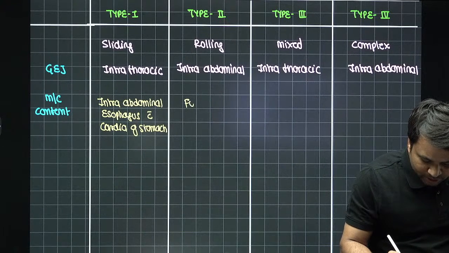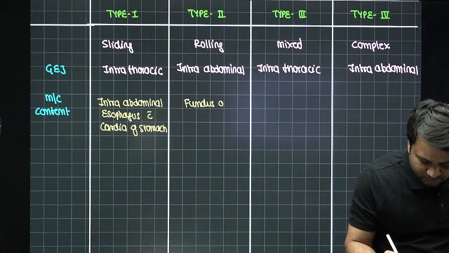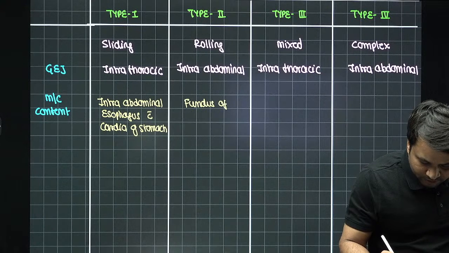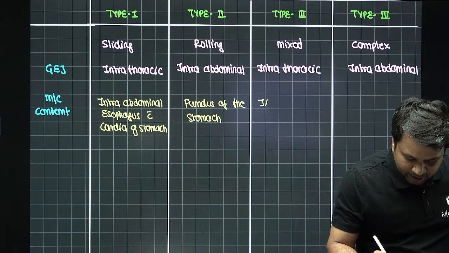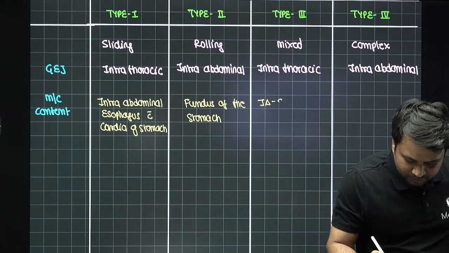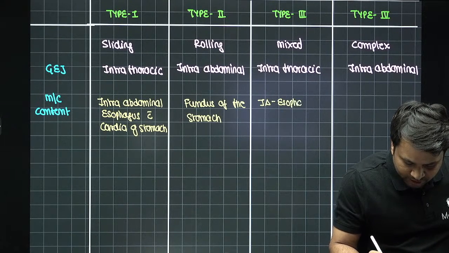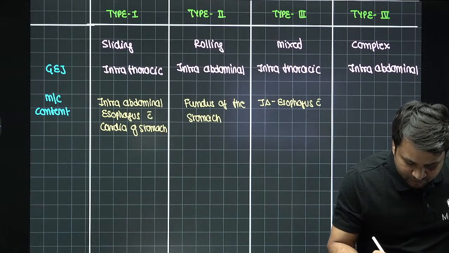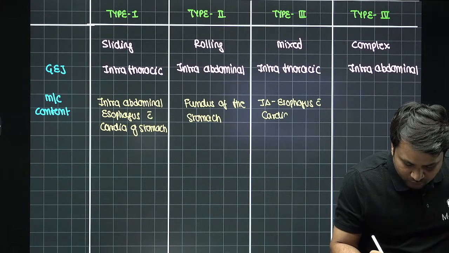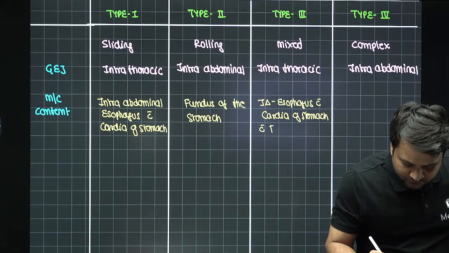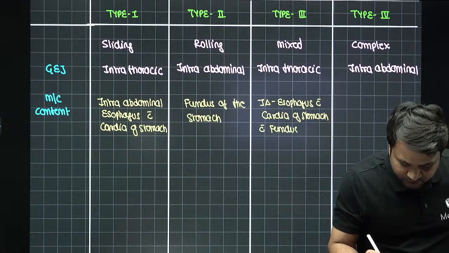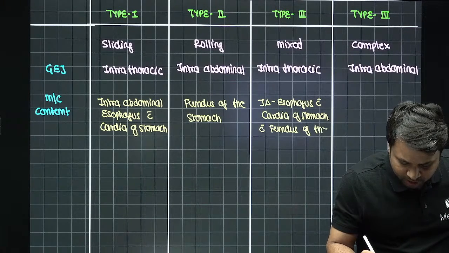Here it is going to be the fundus of the stomach. Here it is the component of both: the intra-abdominal esophagus with the cardia of the stomach, and with the fundus of the stomach.